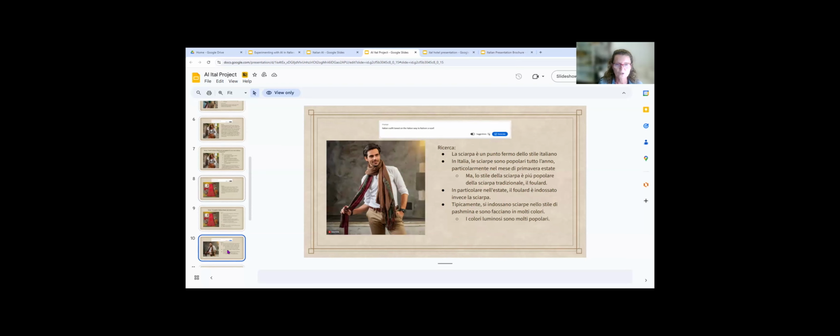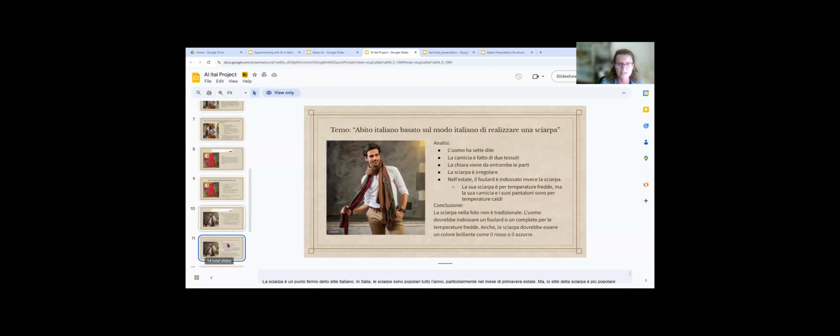Same thing. What do you do with those scarves? The students said that they don't correspond to reality in the way the man is wearing them, and they counted 7 fingers on this end. So that's the other comment that they made in Italian.